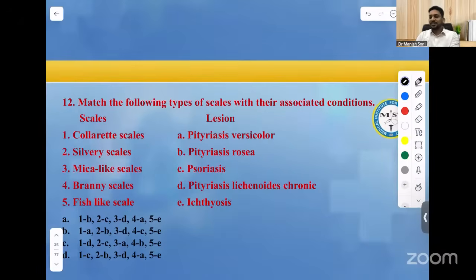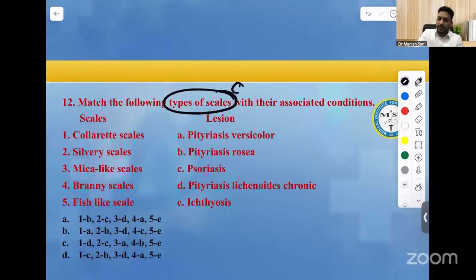Coming to the next question. Match the following type of scales with their associated condition. Again, a very important question, types of scales. Just now I told you, cholerated scales are seen in Pityriasis rosea. Do you remember?